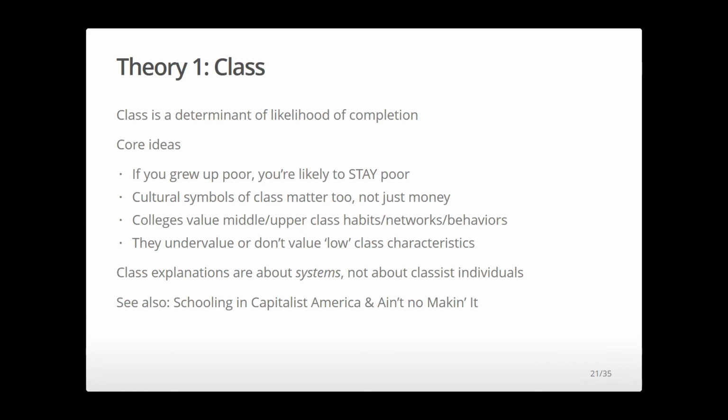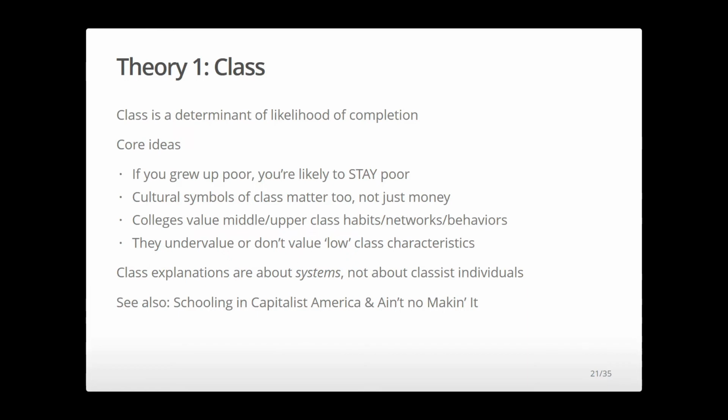For example, someone who spent their summers at sleepaway camp has different cultural assets and touch points than someone who spent their summers at the Y. Colleges and other institutions systematically prefer the former type of students more than the latter.